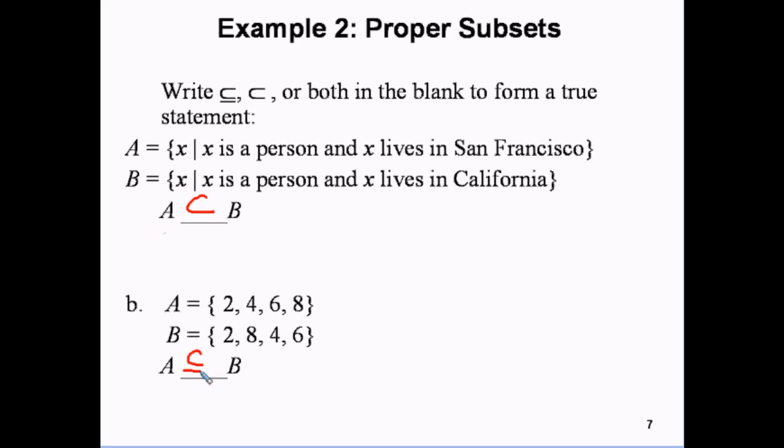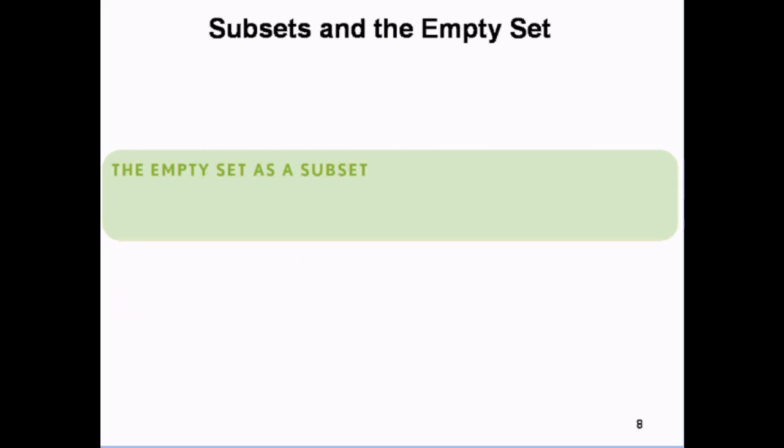So is this a proper subset, or a regular subset? Now this one is also, because it's a less than or equal to kind of situation, but if we're just having to pick one, we're going to pick the less than, because this is smaller. Does that make sense? Oh, I didn't even read the directions, it said or both, so it is both. The empty set is a subset. You guys remember our good friend the empty set?